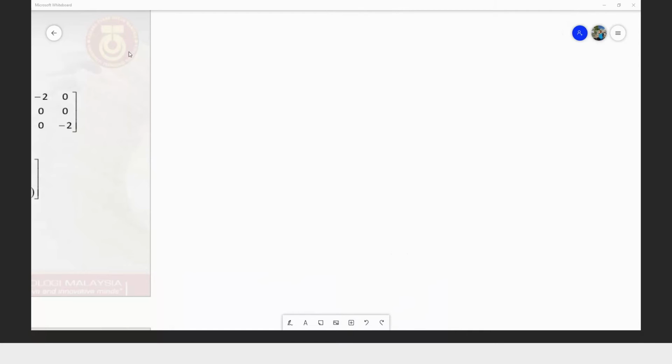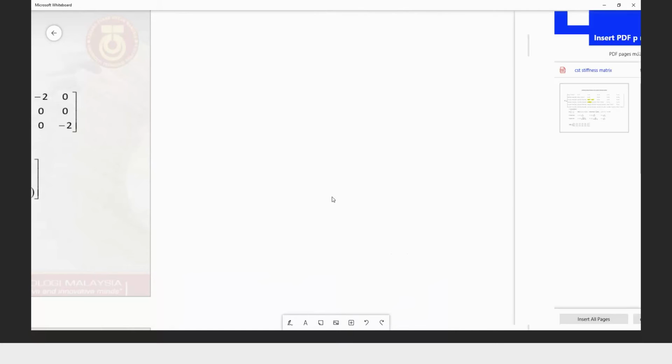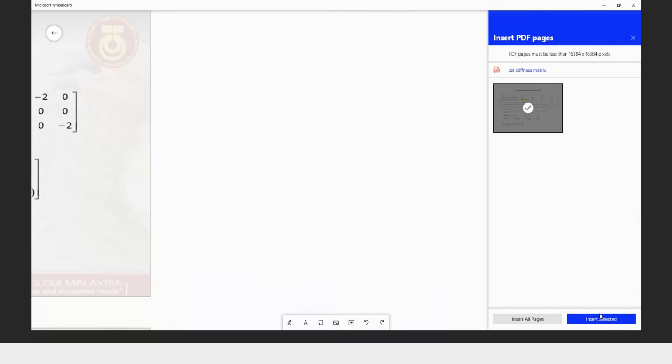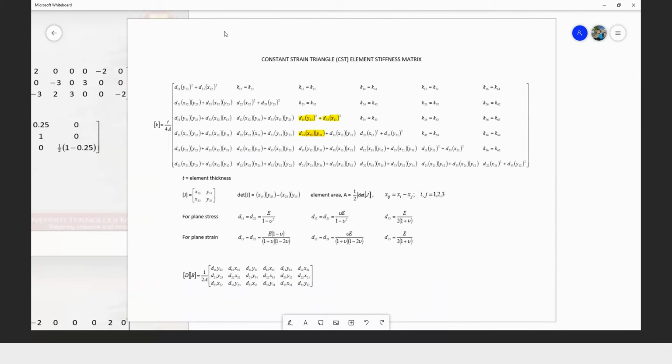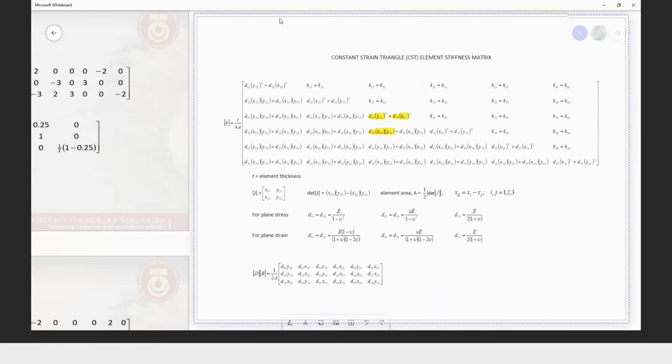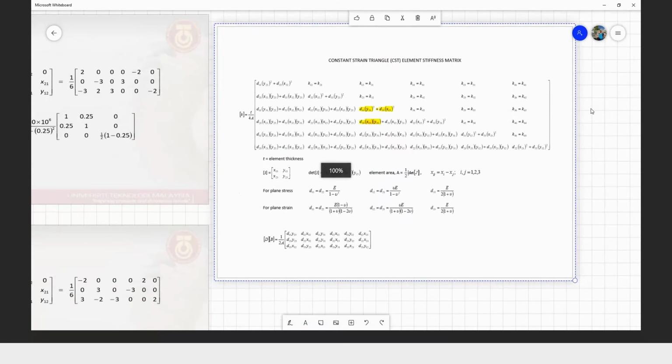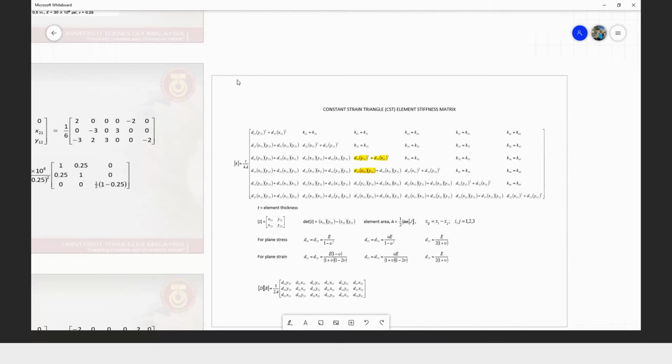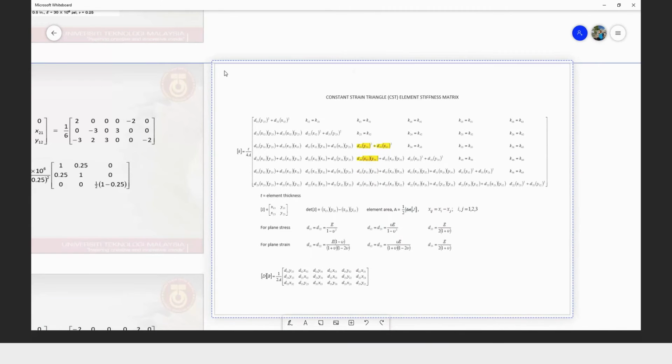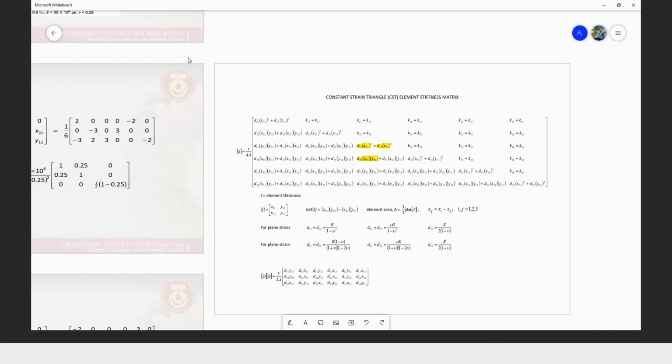Give me a second. Okay, this one will be the correct one for the CST. That's why I was a bit confused just now with the document.